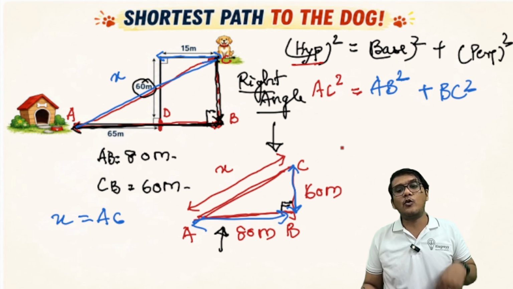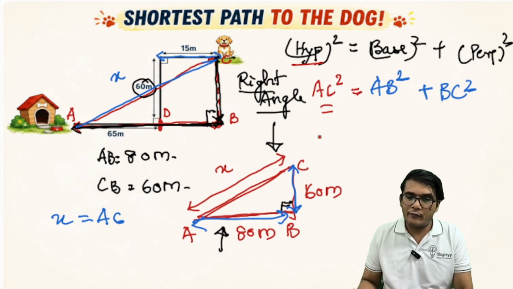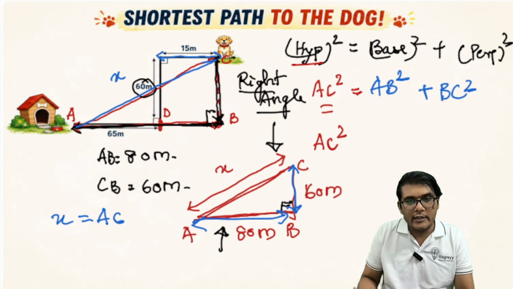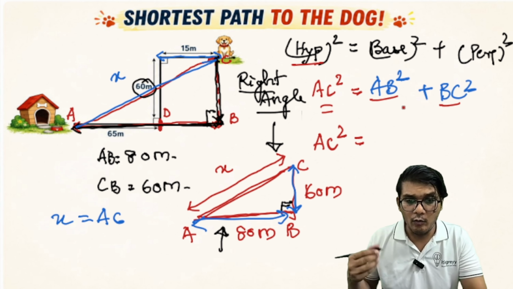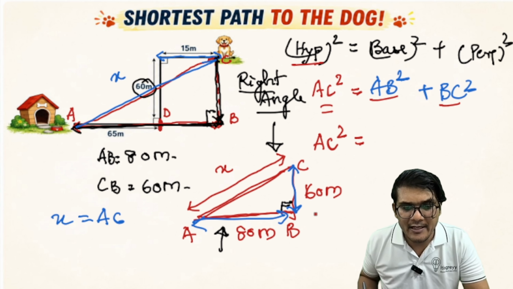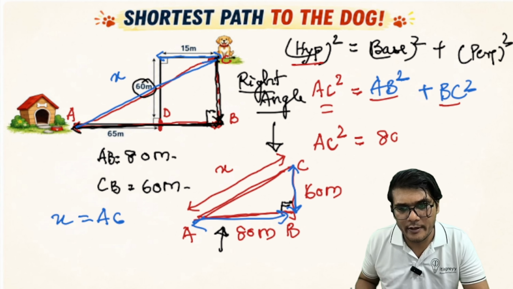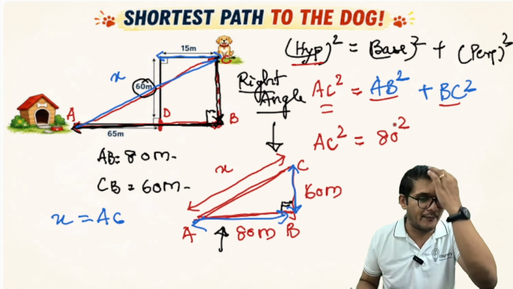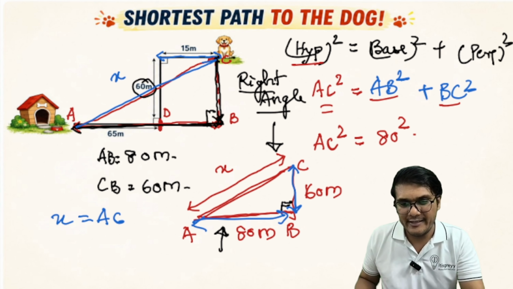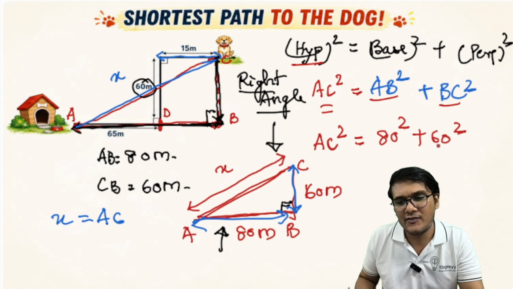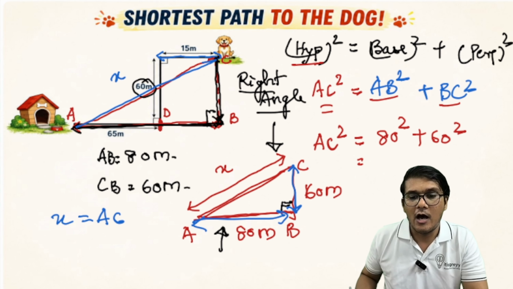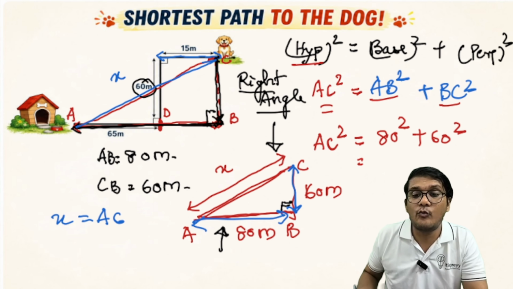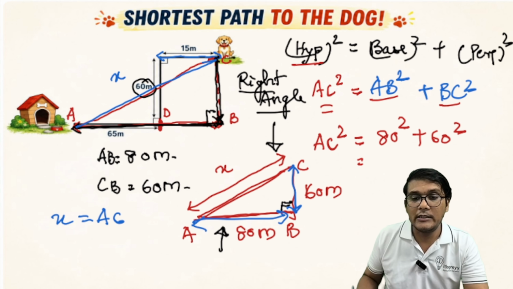Now we need to identify AC, so we will write it as it is because we don't know it. AC square will be AB square plus BC square. Now what is AB? AB is 80, so it will become 80 square. BC is 60, so it will become 60 square. So our AC square will become 80 square plus 60 square.